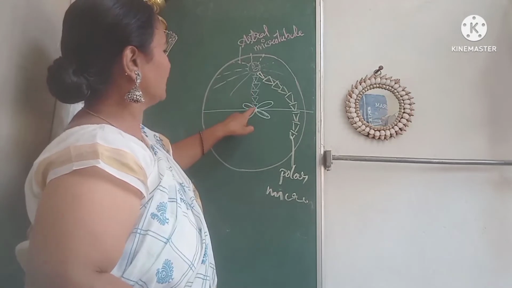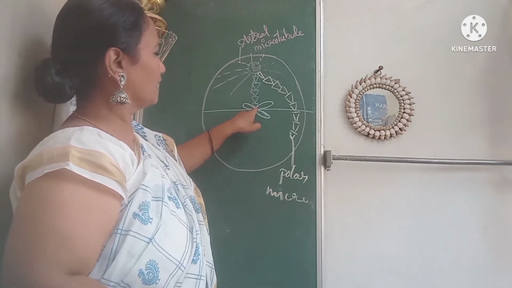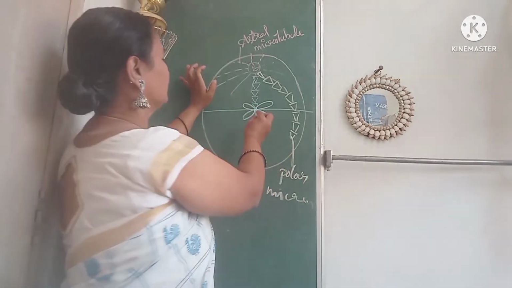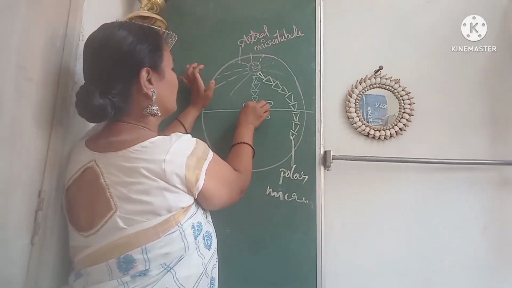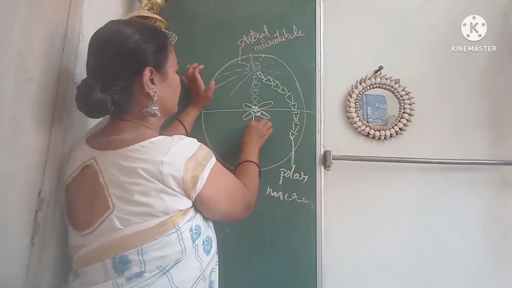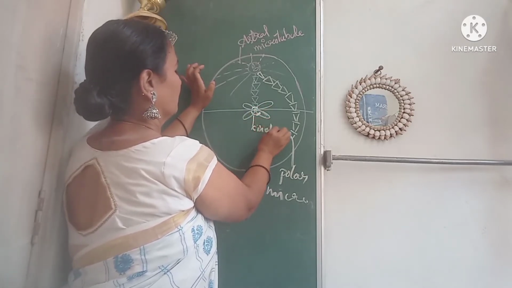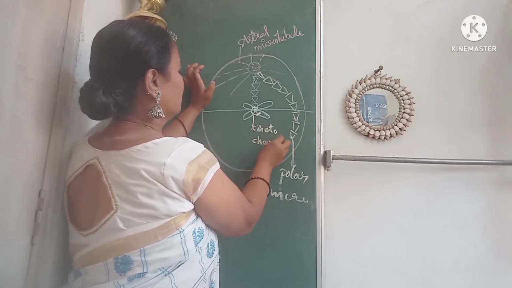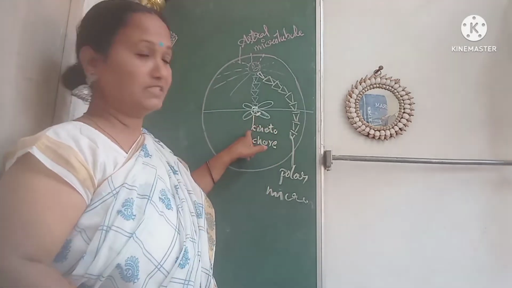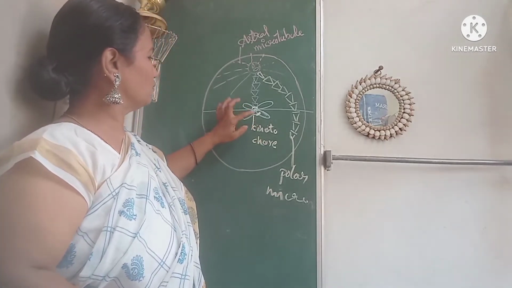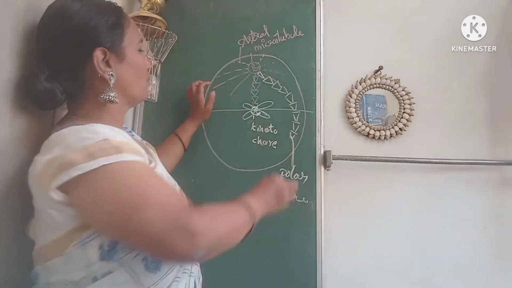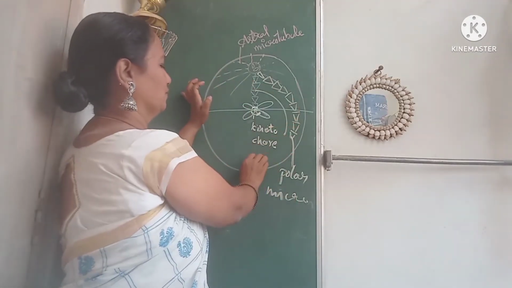Next, some microtubules are attached to the kinetochore. After the centromere there is a cap-like structure, that is the kinetochore. The microtubule attached to the kinetochore is known as kinetochore microtubule.